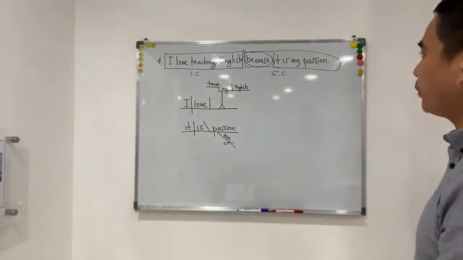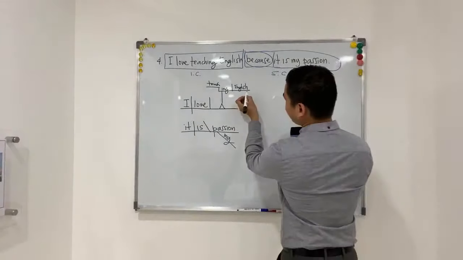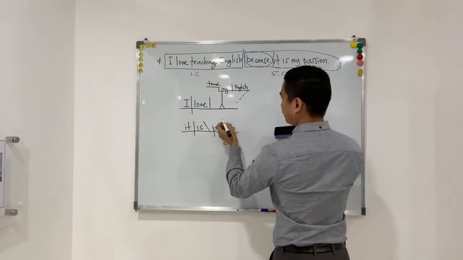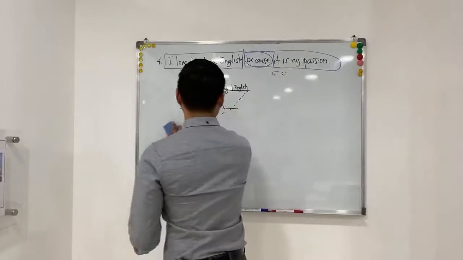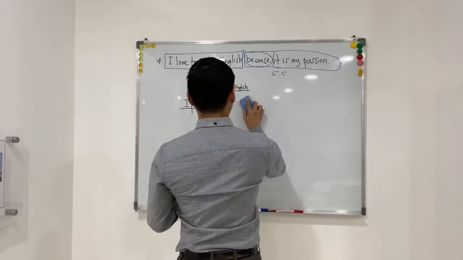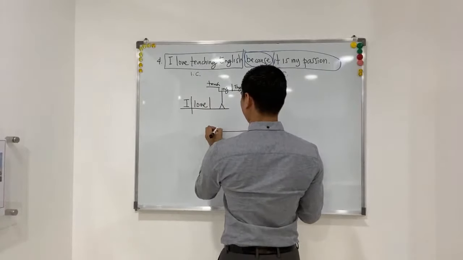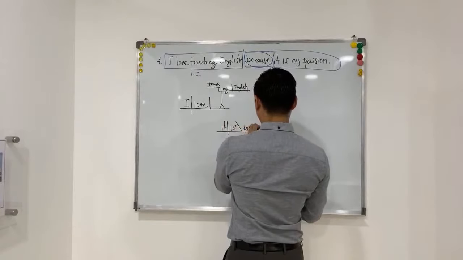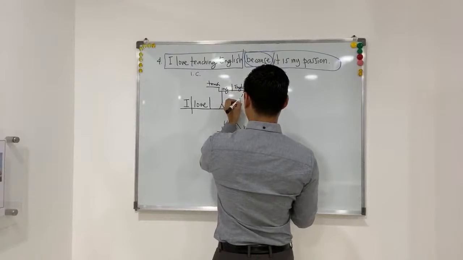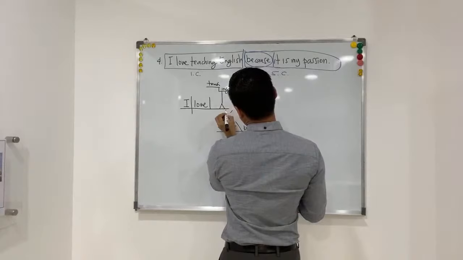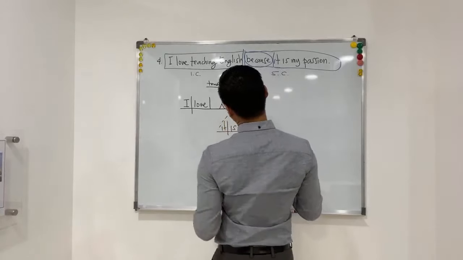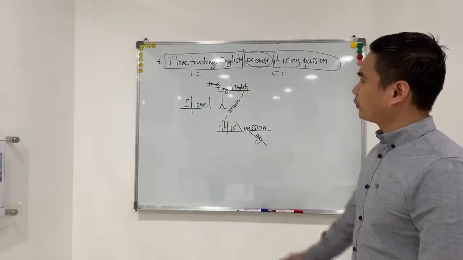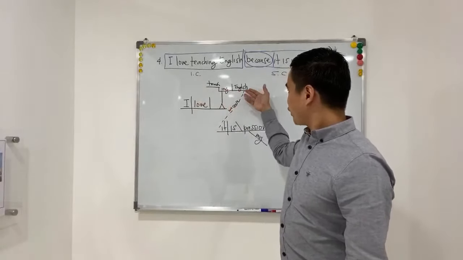My. So where is because? Here. Wow, it should be there. I should have adjusted here. Remove this. I love teaching English because it is my passion.